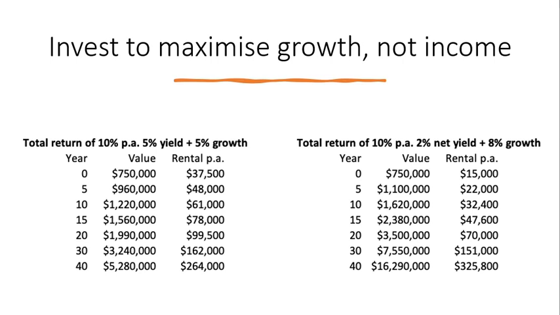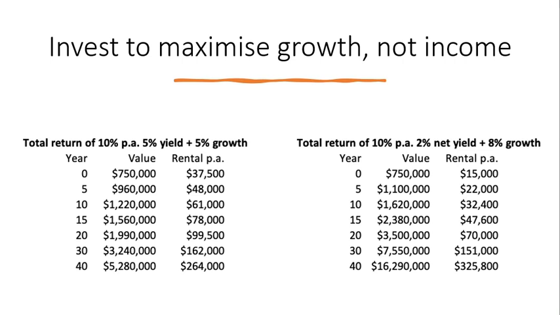The right-hand side of the chart shows the same total return, 10%, but in this situation, we get 2% of a rental yield and 8% growth. And so again, our starting point is $750,000. We're only getting $15,000 of rental income, so half the rental income.